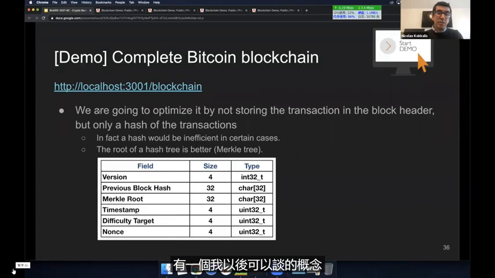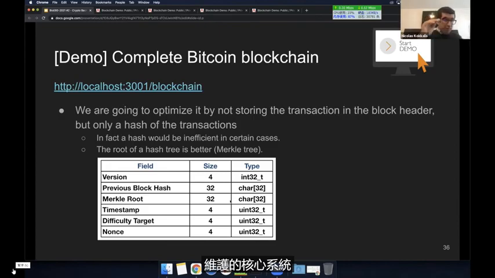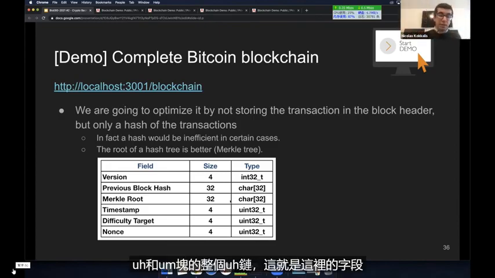There's a concept that I can talk about later, which is, for optimization reasons, the actual header of the block doesn't need to include all the stuff that I was showing you right here. It could include only a hash of all this stuff, and then store all this stuff in a public location somewhere else, and not as part of the core system that is maintaining the whole chain of the blocks.